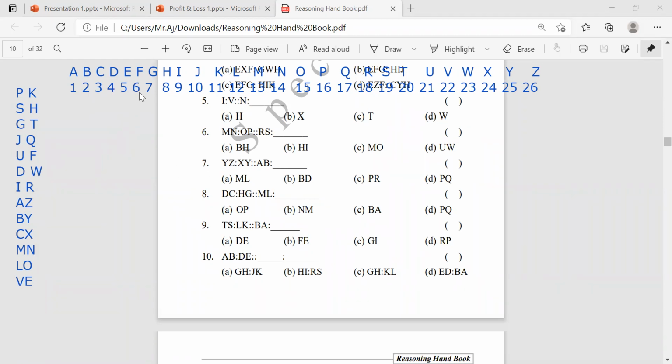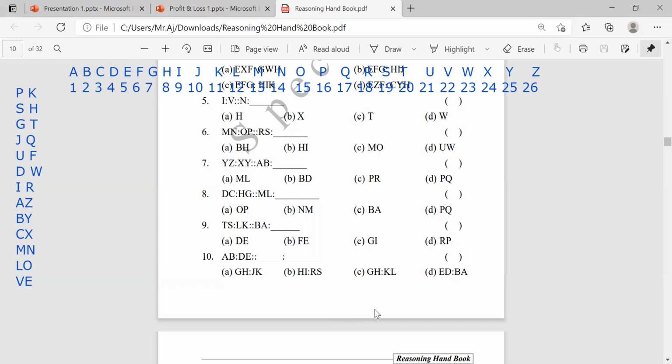DH. DH. What's the relation? Double, right? D is 4, H is 8, double. 7 is D. PQ. Is it PQ or QP? 7 is PQ. How?